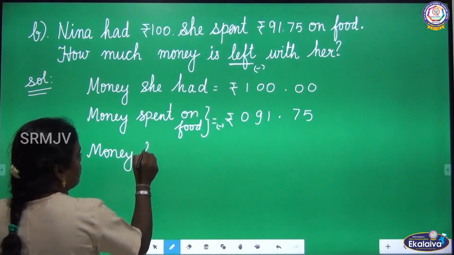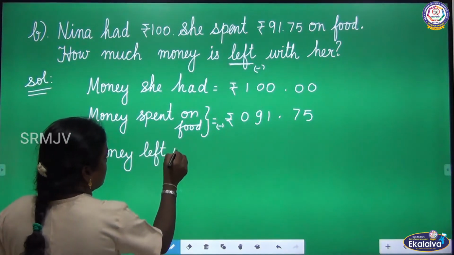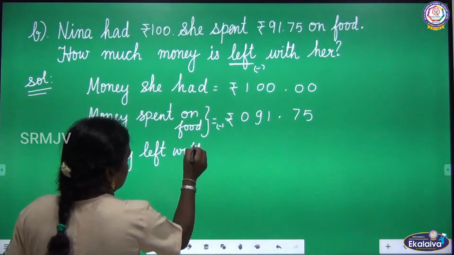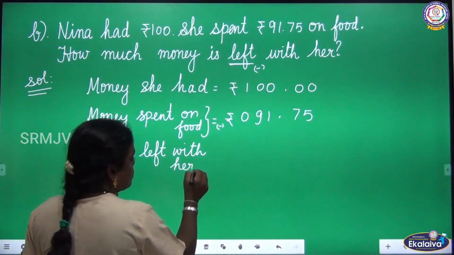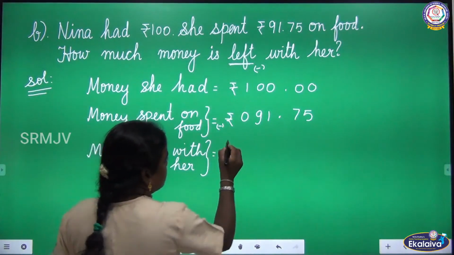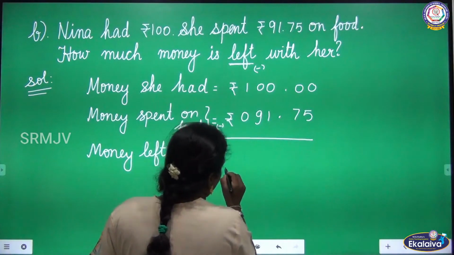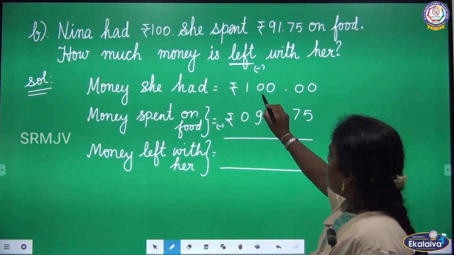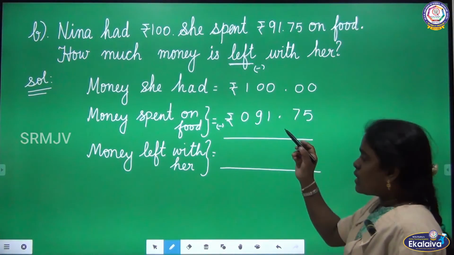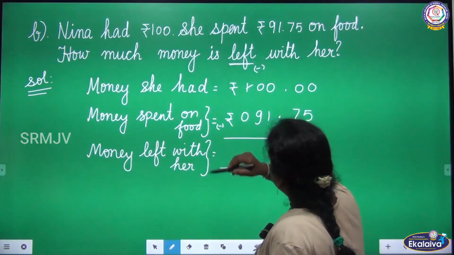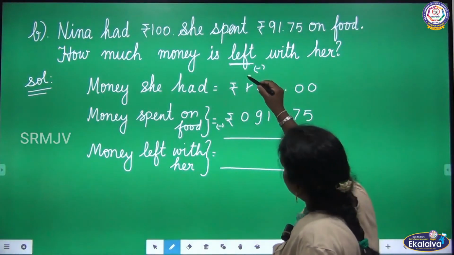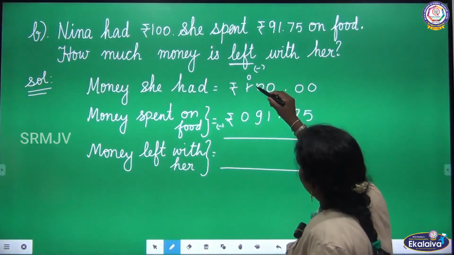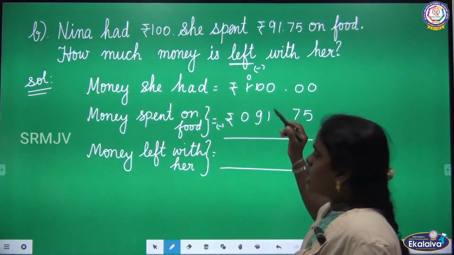Money left with her. So subtract the amounts. Yes, look at the first amount. Except the last digit we have zeros. So let us subtract from the 1. It becomes 0. And the next digit becomes 10.